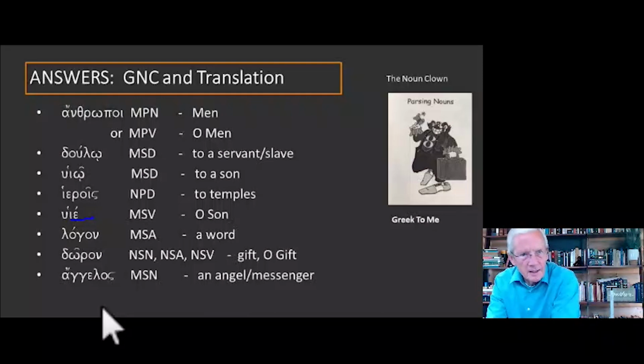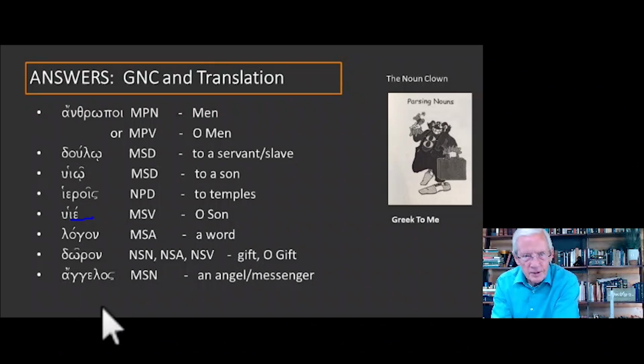Logon, masculine singular accusative. That means the direct object of a sentence. It comes from logos. And this means a word. The next one, doron. Now this can either be neuter singular nominative, neuter singular accusative, neuter singular vocative.